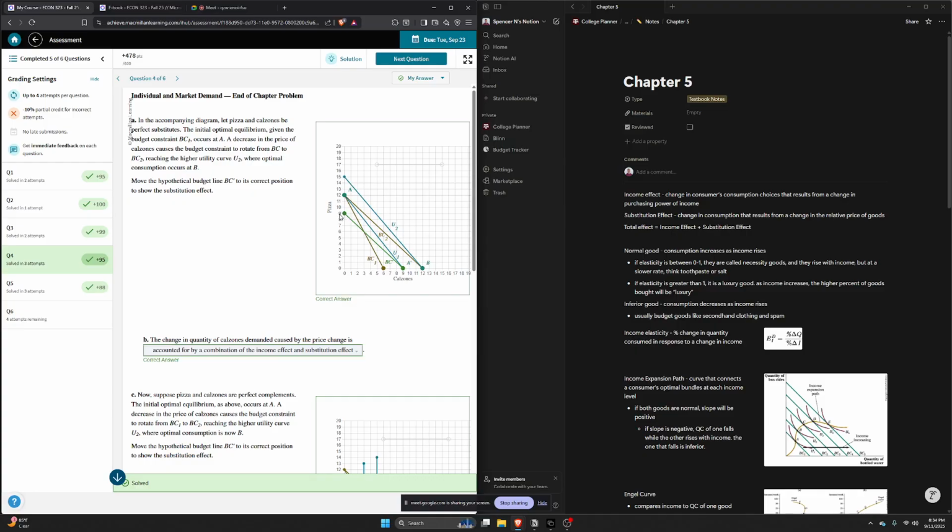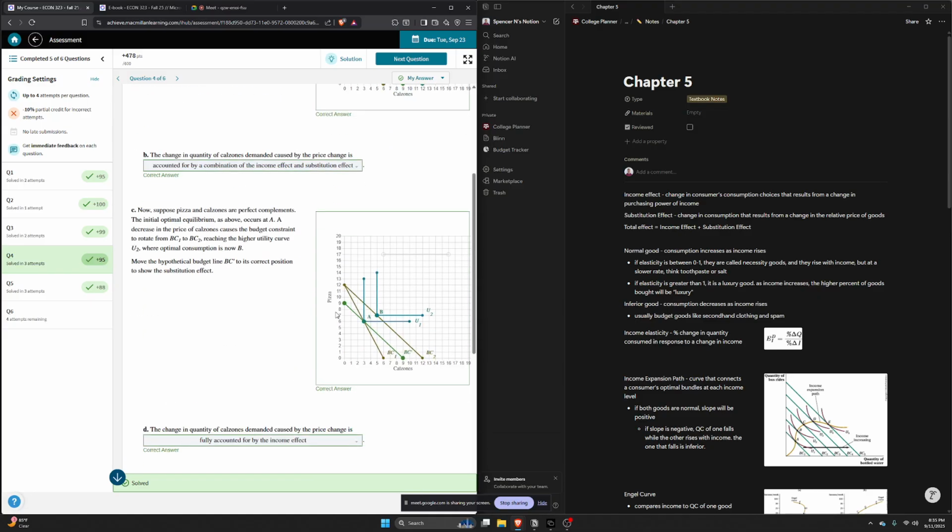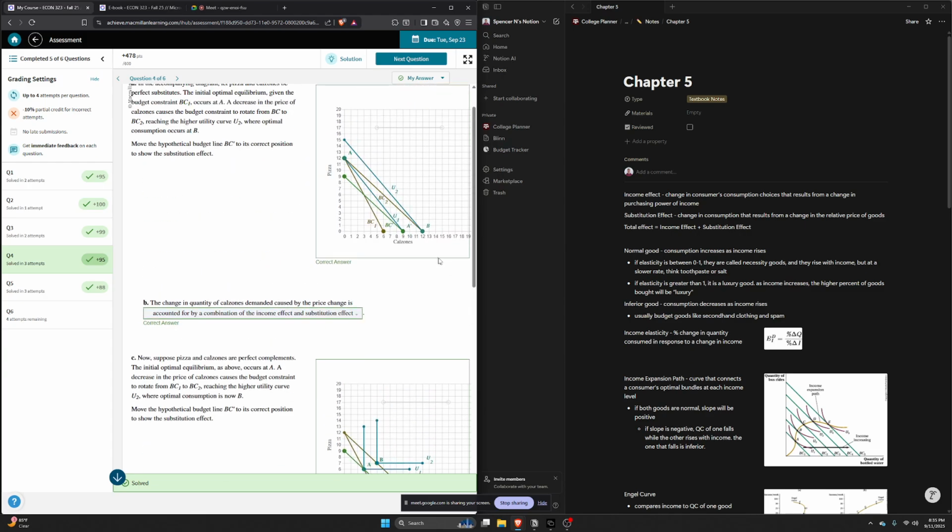You could either buy 9 pizzas or 9 calzones. I wish I could move this to show you the dots, but it was just process of elimination. You knew it had to hit at A prime, and the only thing that was equal to A prime over here was 9.